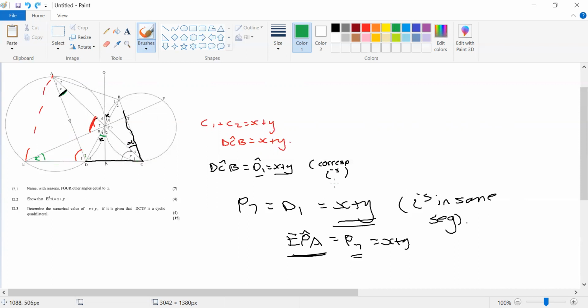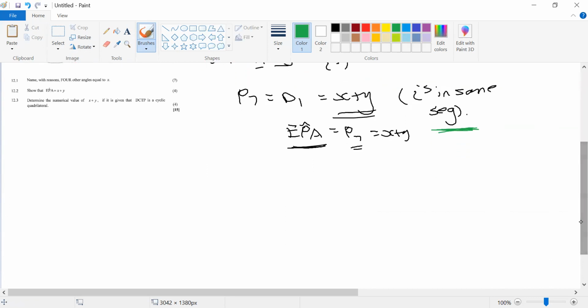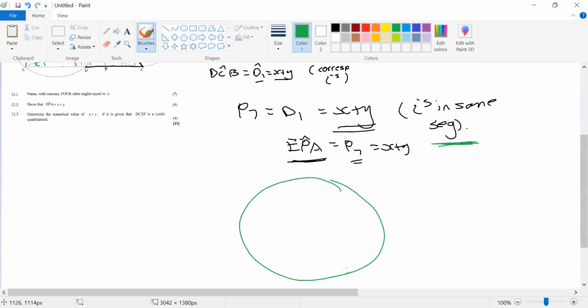Okay. And then do you know how we got angles in the same segment? No, can you just explain that too? Sure. If we look at a circle like this, and we have a line here, and there's an angle being created up here and an angle being created up there, right?